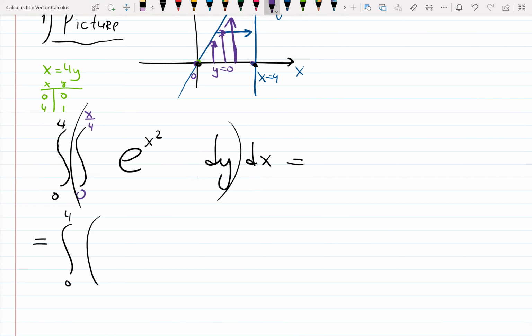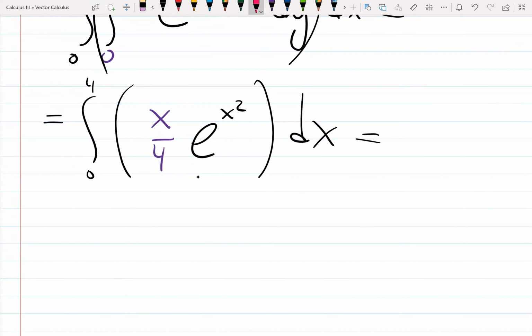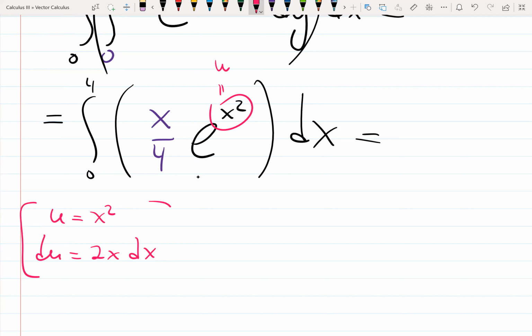So it's going to be x over 4 e to the x squared dx. I skipped the step, if you understand. And now this is a perfect u substitution. Choose u to be x squared, du is 2x dx. And you move on, and you can finish.